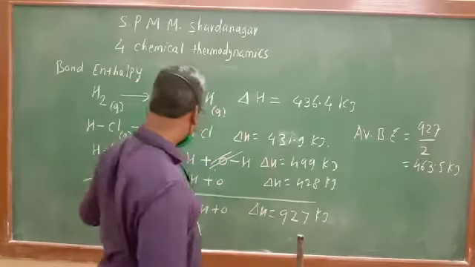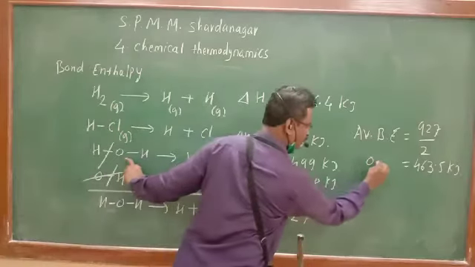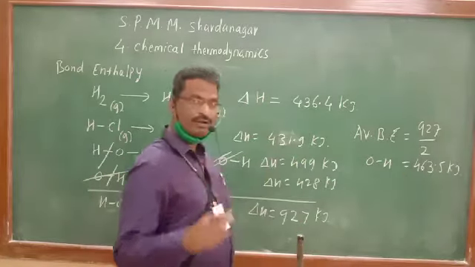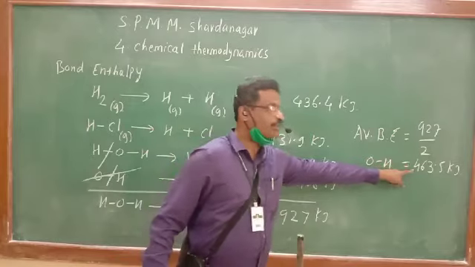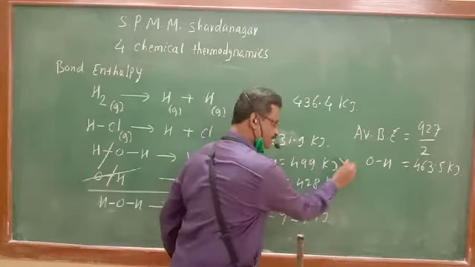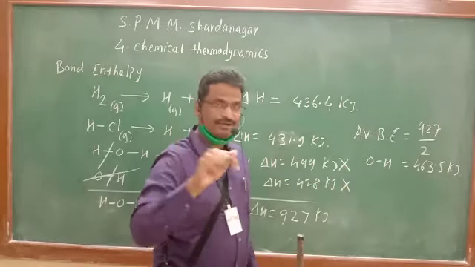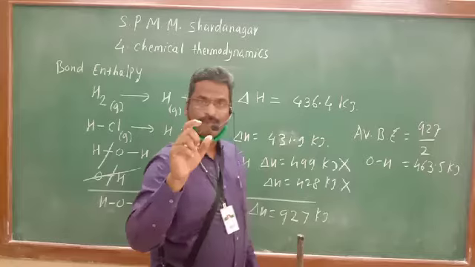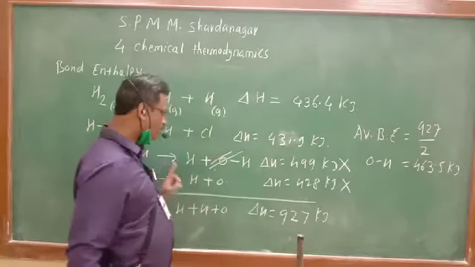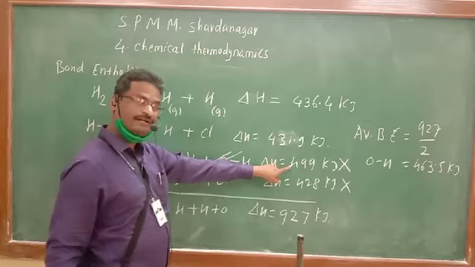Therefore, the bond enthalpy of the OH bond is considered as 463.5. It is neither this value nor this value. What is the actual specific value of a particular bond? In order to break the first OH bond, energy required is 499.